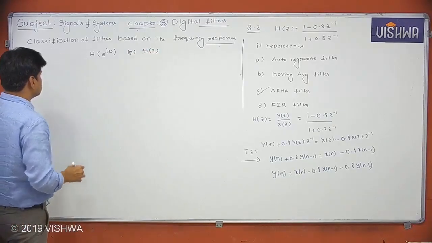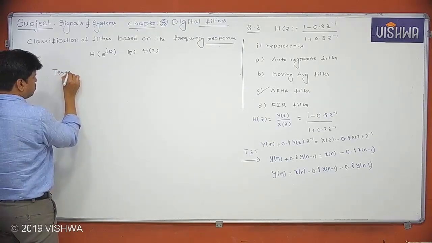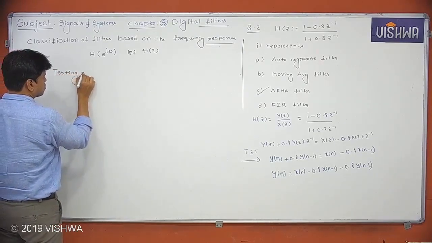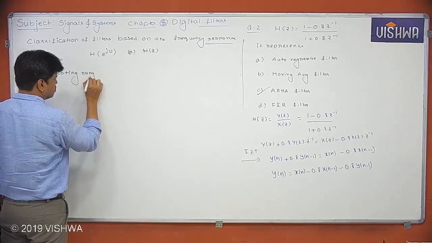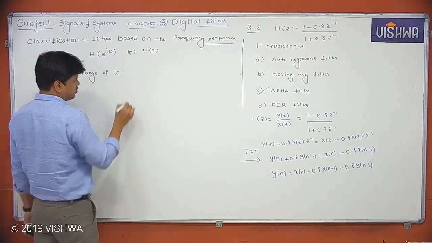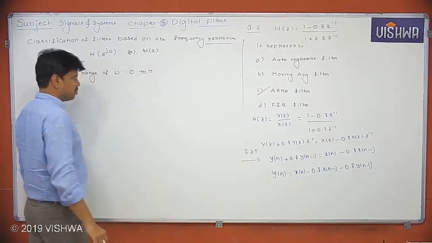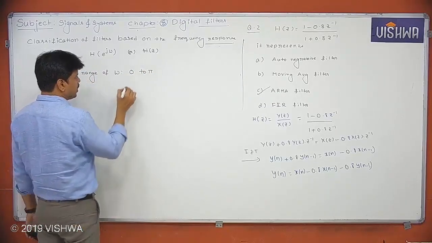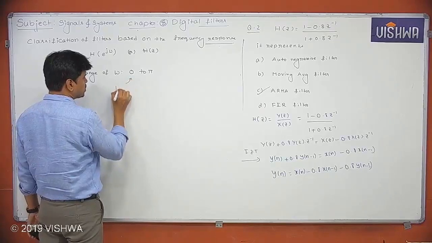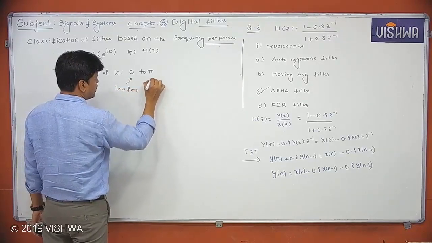I told you the testing range of frequency omega is 0 to pi, where 0 indicates low frequency and pi indicates high frequency.